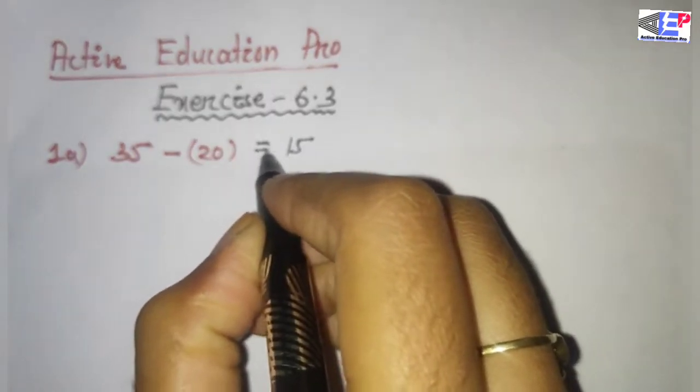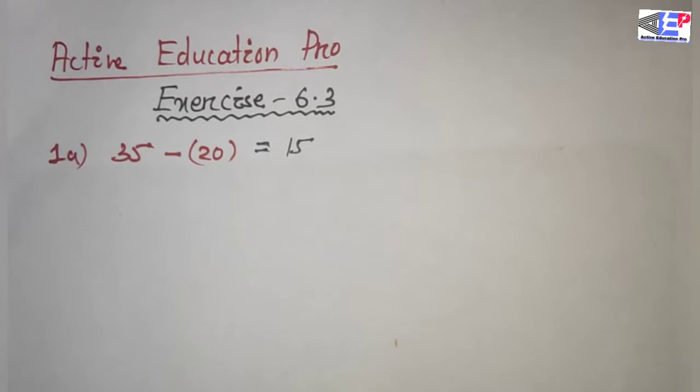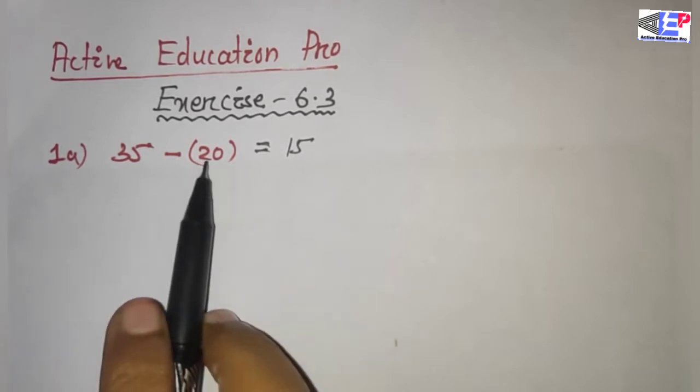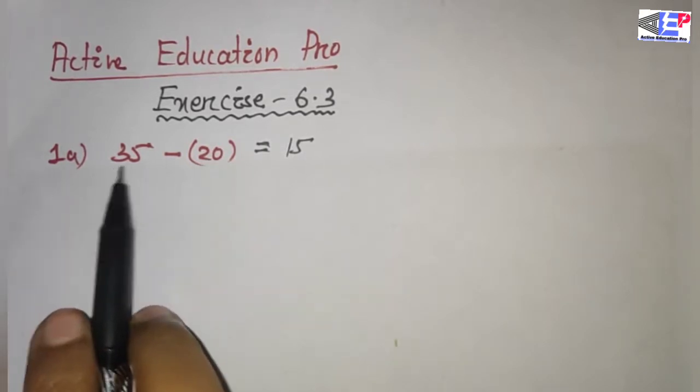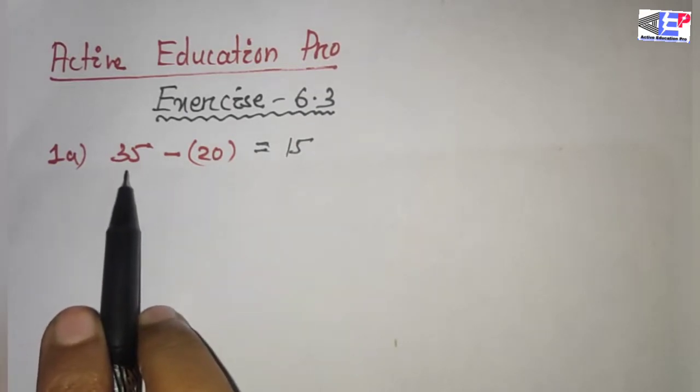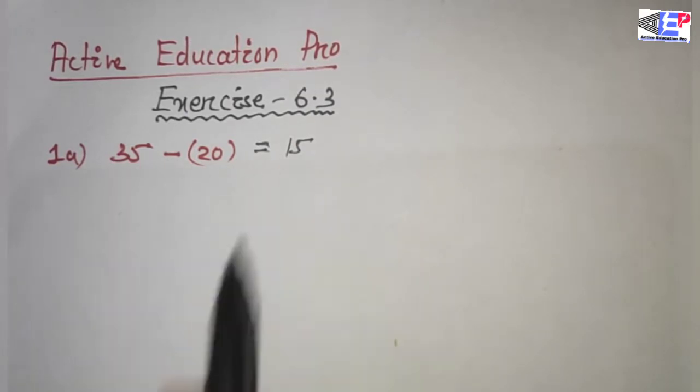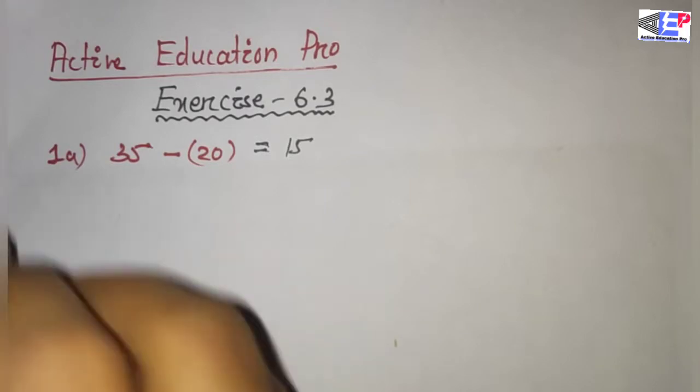It's normal, as we already did in our lower classes. It is very easy because 20, the number to be subtracted from 35, is smaller than 35. Then next, part B.